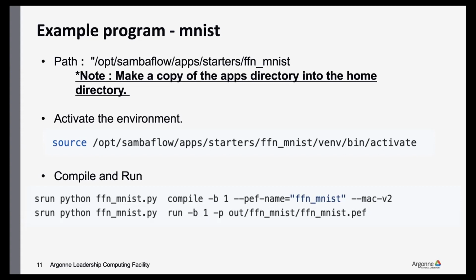Following that are the compile and the run commands, very similar to the ones we just saw for LeNet in the previous slide, which have the compile arguments, most prominently the PEF file name that you want to provide, and then use that to run your training on the model.